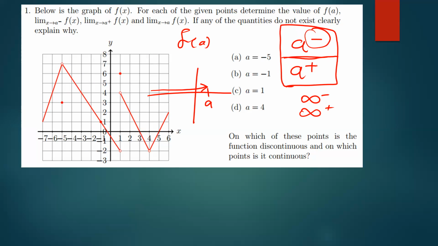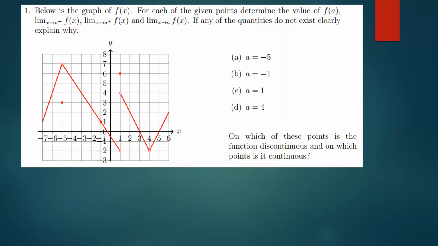If you have a positive there, it means you're approaching A from the positive side. In other books, they say from the left side when you have a negative, and from the right when you have a positive. So let us see how we find the solutions of such questions.